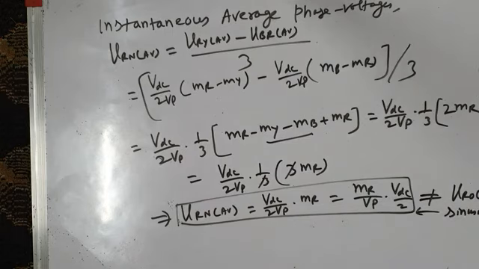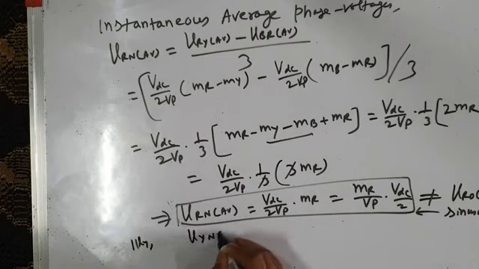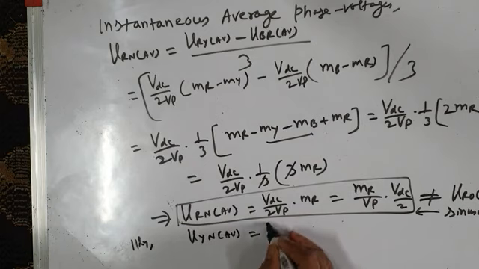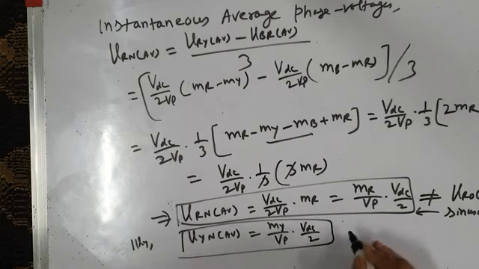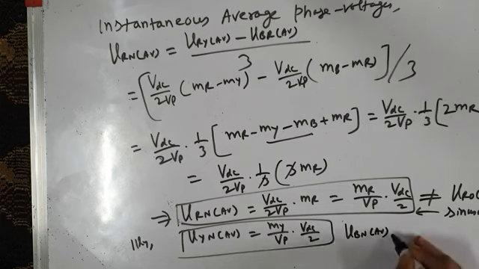That means distortion of modulating waves does not cause distortion in line voltages and phase voltages. In a similar way, we can write Vyn average equal to My by Vp VDC by 2, and similarly phase voltage VBN average equal to Mb by Vp into VDC by 2.